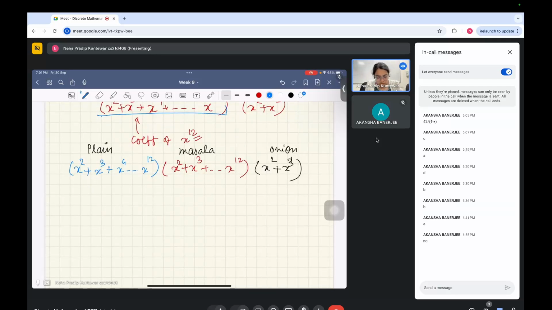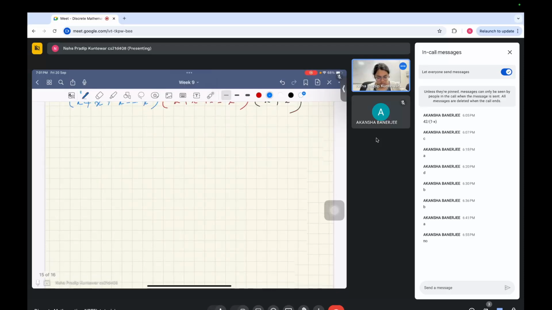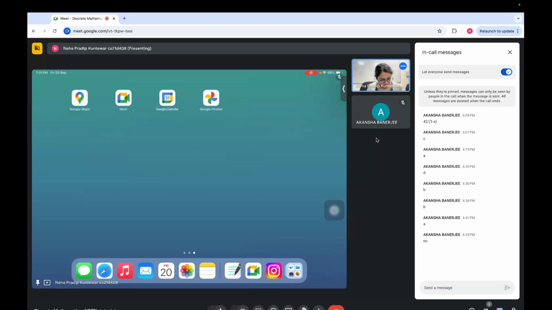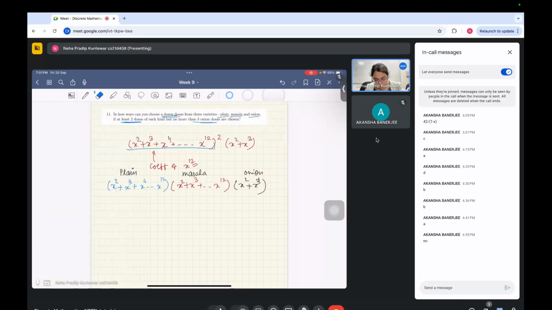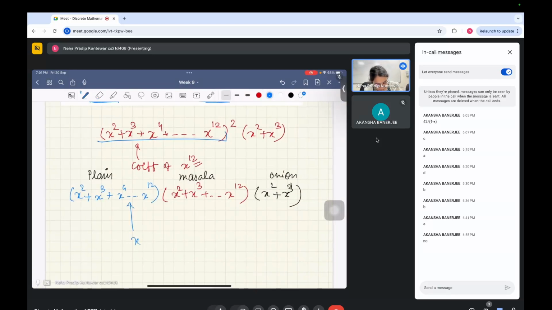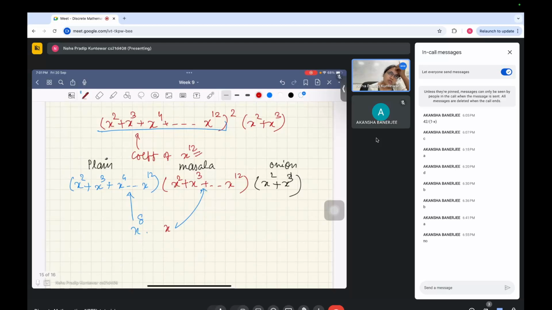You could maybe take x to the 8 from here, and you could take x to the 4 from here. Okay, that is fine.